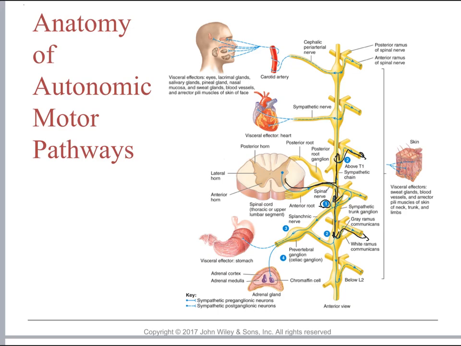Number 3, we can leave the spinal cord, bypass the chain, go right to a prevertebral ganglia, and go to our effector organ. Number 4, we can bypass the chain and go directly to the adrenal medulla, allowing us to get a single neuron to activate the adrenaline fight or flight response to the entire body hormonally.